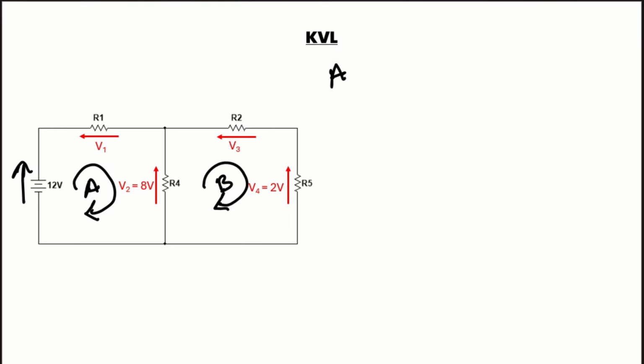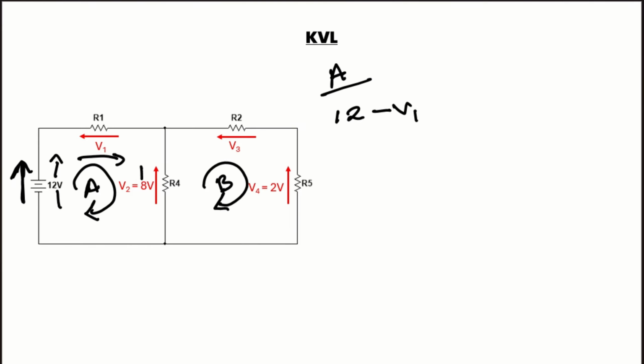If you apply the KVL for loop A, then the voltage direction across the power source and the loop direction are the same way, so it will be plus 12 volts. The V1 direction is opposite to the loop direction, so it will be minus V1.